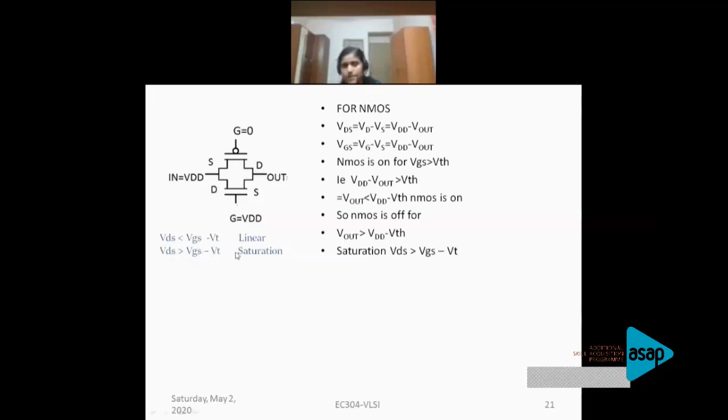That means when your NMOS is on, it is actually in the saturation region. So that is what you get. For this set of inputs, for a value of V out less than VDD minus VTH, NMOS is on and it is in saturation. For a value of V out greater than VDD minus VTH, your NMOS is off.